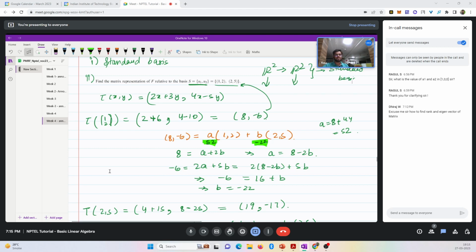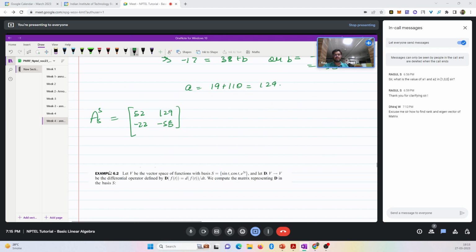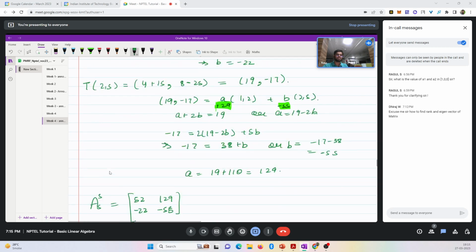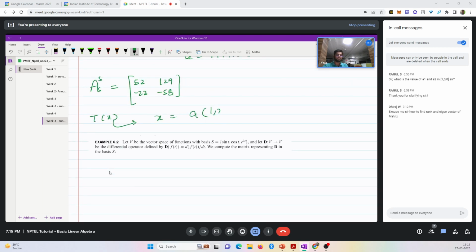Okay, and now if you want to evaluate T of x for some x, then you need to write x also in the form of this basis, that is 1 2 2 5.